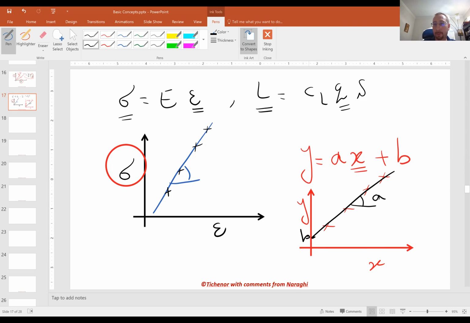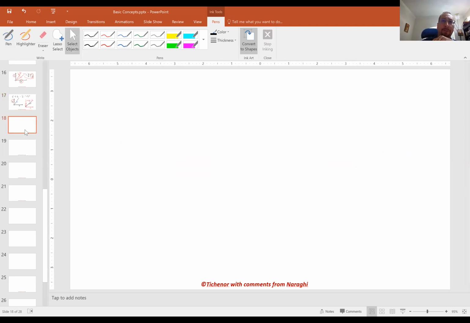When x is equal to 0, the value of y is b. What is the right mathematical procedure to measure a and b? In order to answer this question, let's first pose the right question.